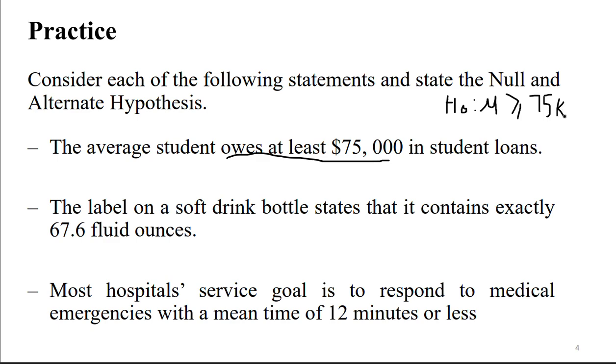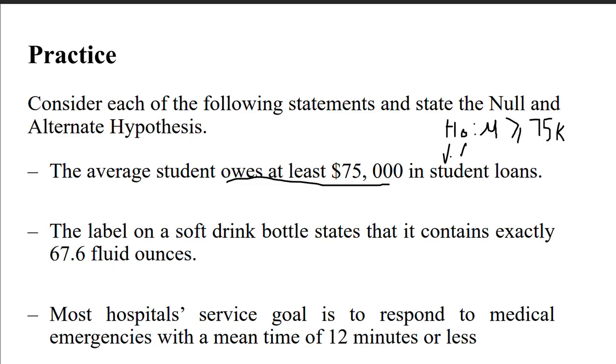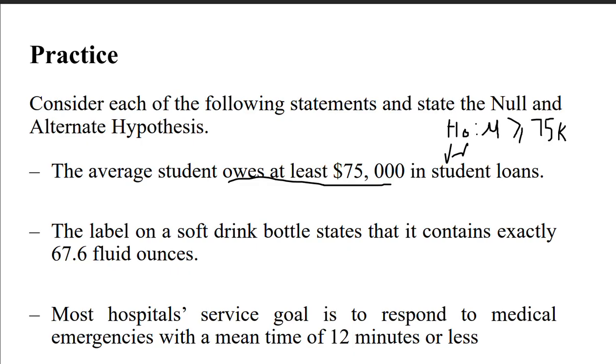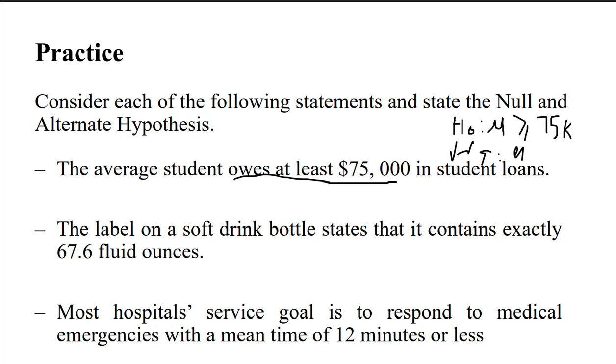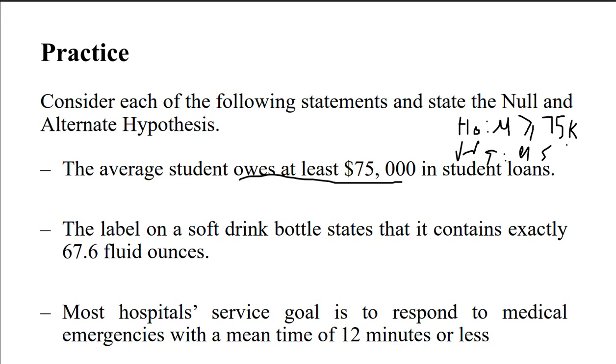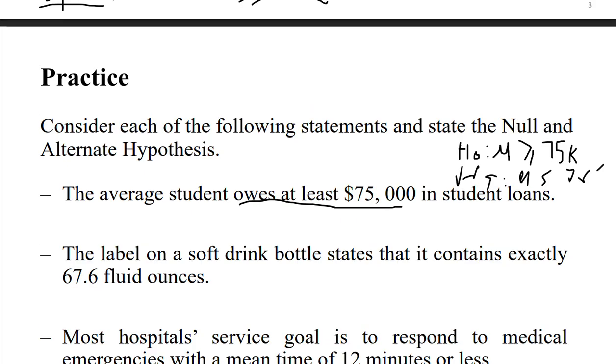The alternative hypothesis, on the other hand, will be what? If the null hypothesis is saying the average will be greater than or equal to 75K, then the opposite of that will be that it will be less than 75K, right?